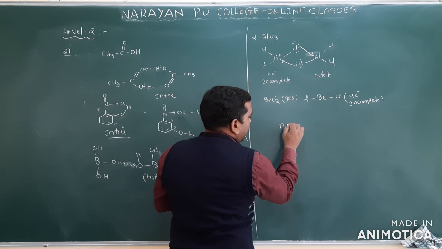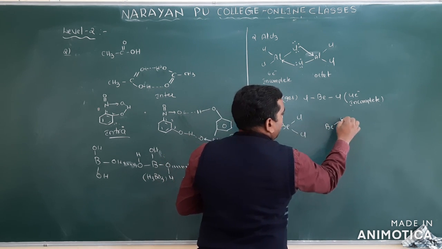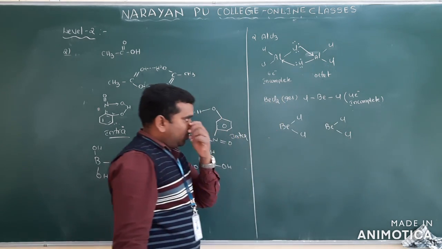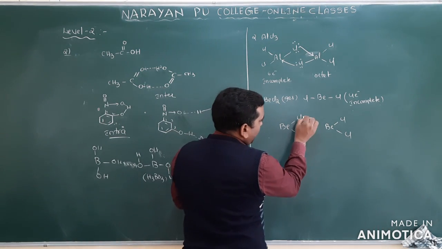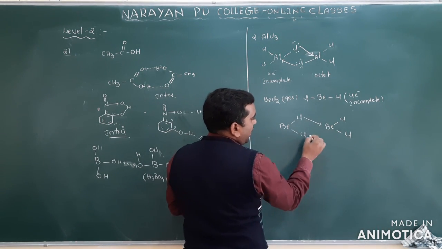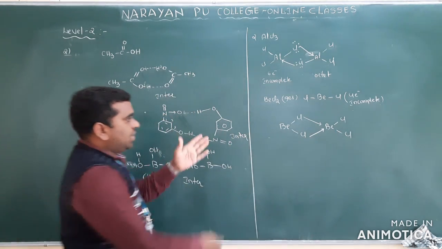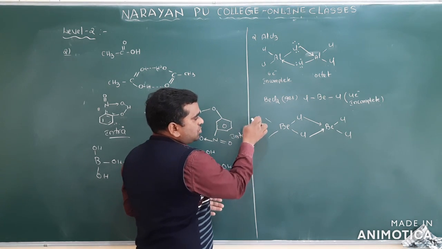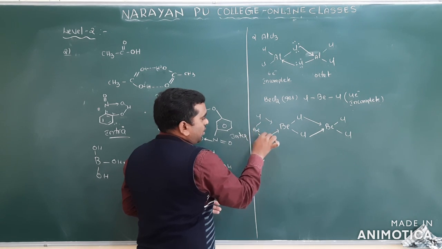See now, beryllium, chlorine, and here beryllium, chlorine and chlorine. Then what happens? Chlorine donates one lone pair of electrons, and another chlorine also donates another pair of electrons. Same, if I write another one, here also chlorine and chlorine and beryllium, then also it will give.